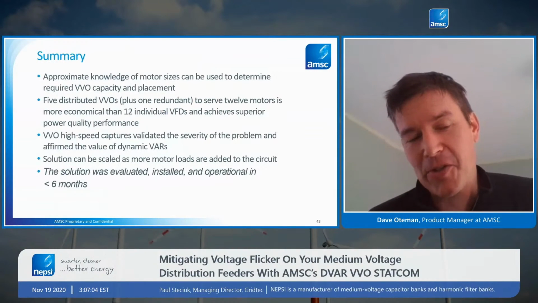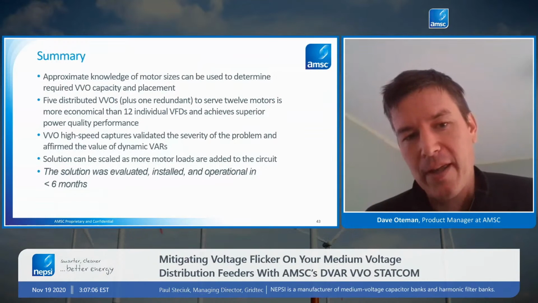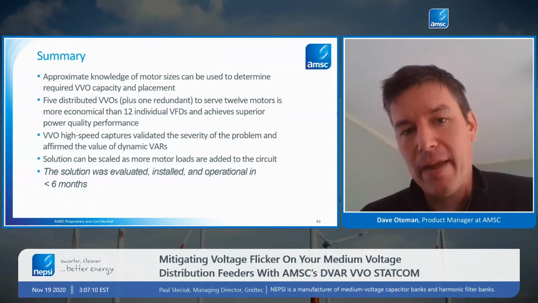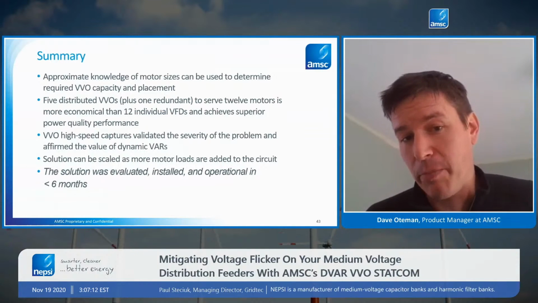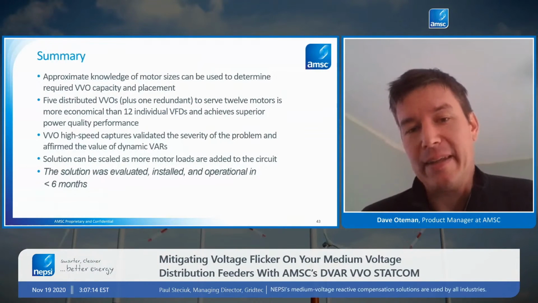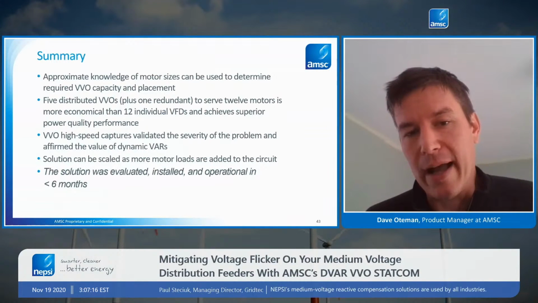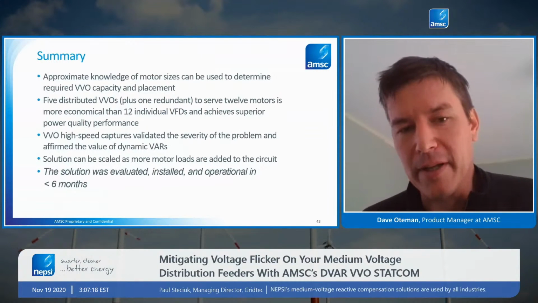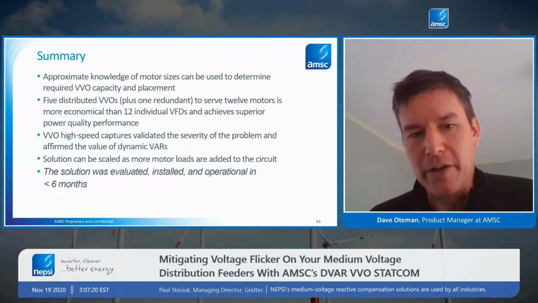The actual sizing solution required 5 VVOs, but a redundant DVAR VVO was installed because of the critical power nature of this. The customer really wanted the highest possible uptime and availability of this power quality solution.